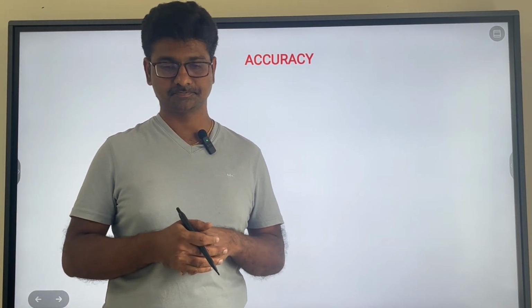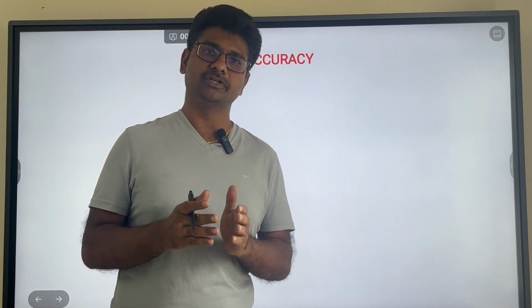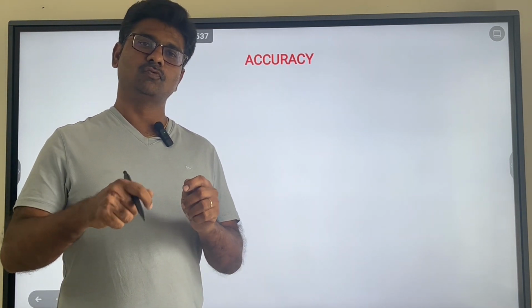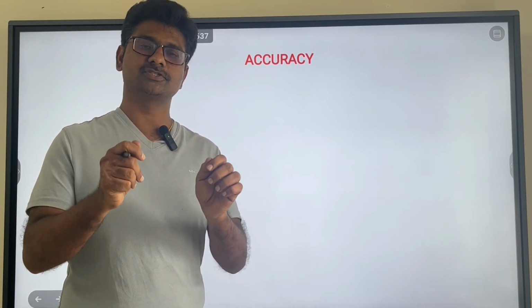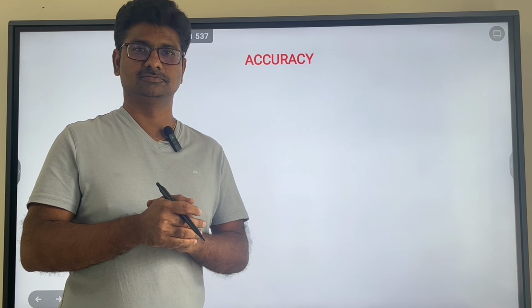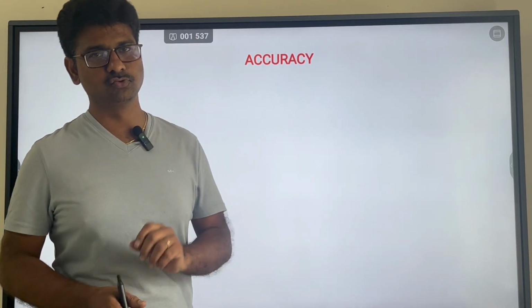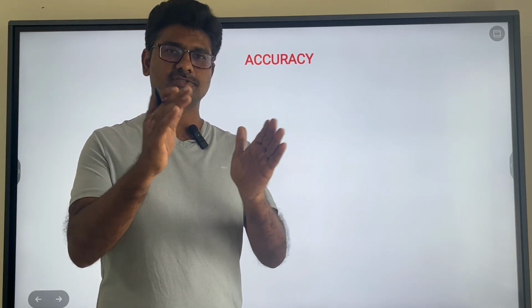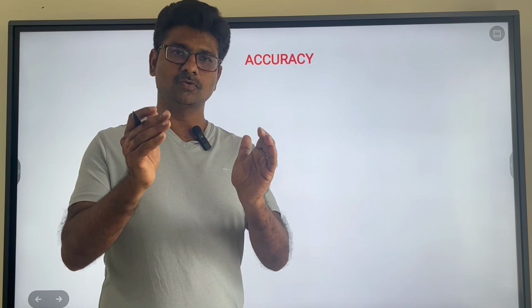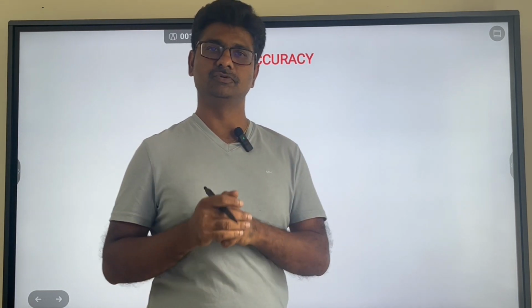That means if you want to measure any physical quantity, with what closeness are you able to find it? Closeness to the actual value. The actual value is referred to as the true value. So suppose you are measuring something, how accurately you are measuring means how close your measured value is to the true value.